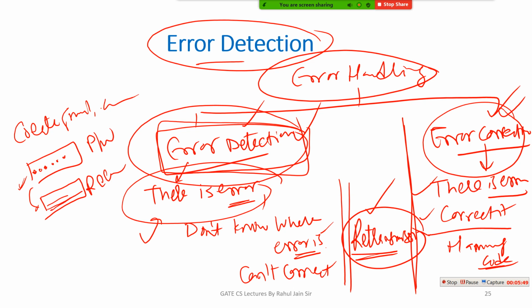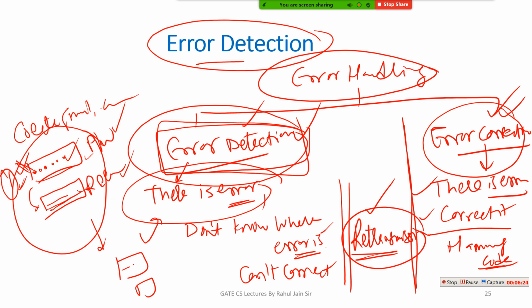But suppose you have rewritten the password incorrectly. The computer doesn't know whether this password is correct or that password is correct, but it knows that there is an error between these two passwords. It doesn't know whether password 1 is incorrect or password 2 is incorrect. That is why it will say please retype again.